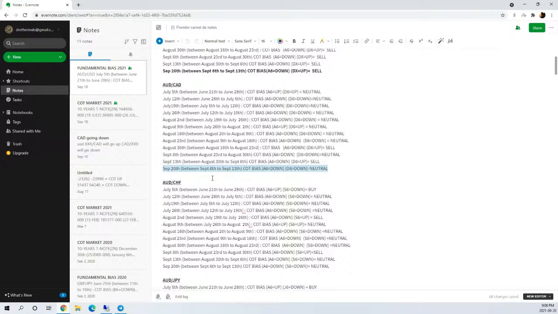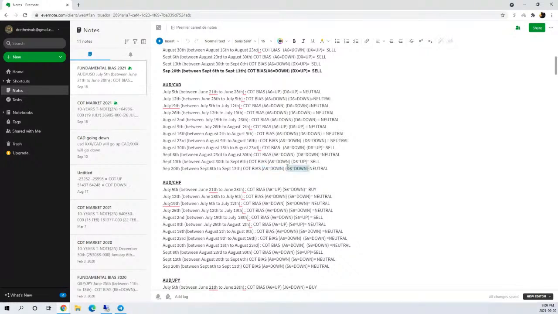When we add the futures contracts here, the commercial contracts for Australian dollar, we see that it's going down. And the Canadian dollar is going in the same direction.